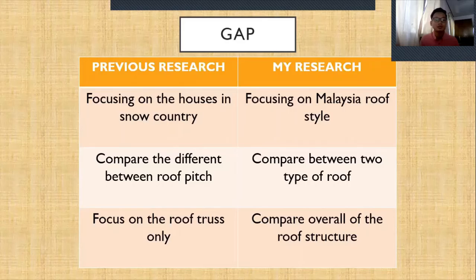For the roof, the previous research compared the difference between roof pitches. They compared different angles, and my research compares two types of roof, which are the gable roof and the hip roof. The previous research focused on the roof truss structure only, but my research focuses on the overall roof structure.